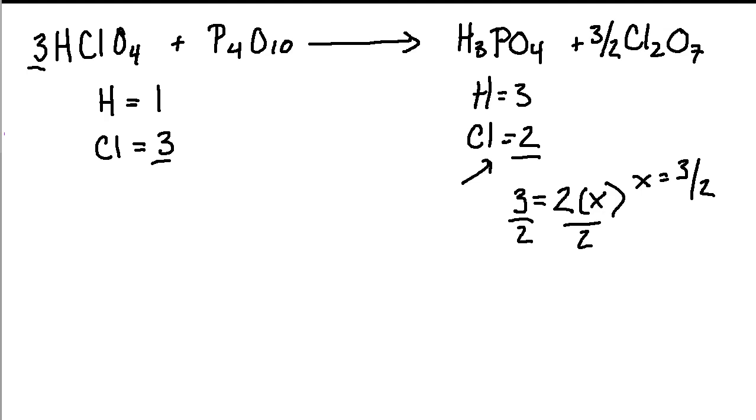And if you think about that, that makes sense, because if I take 3 chlorines over here and then I take 3/2 times 2, that's going to just end up as 3. The 2 will cancel the 2 in the denominator when I'm multiplying, and I end up with 3. Now, in order to get rid of this 3/2, what I'm going to need to do is multiply in order to get rid of this 2.